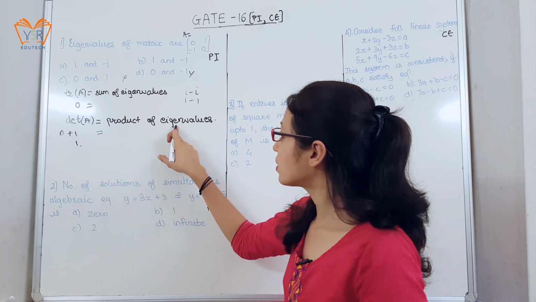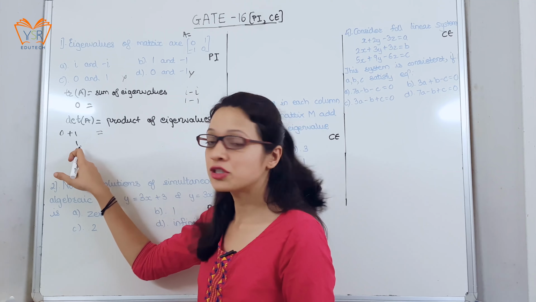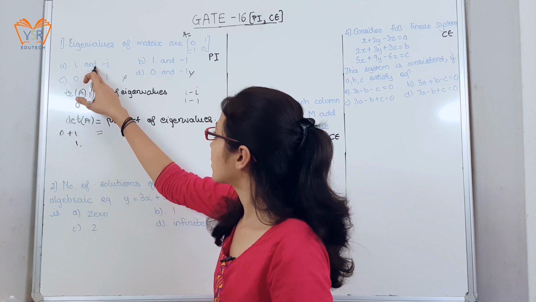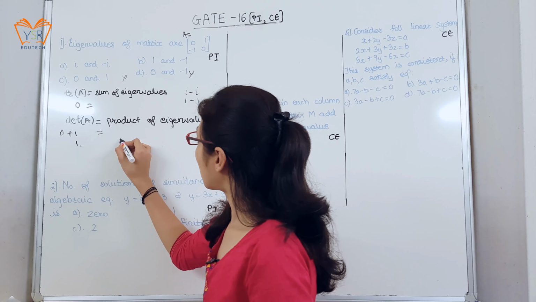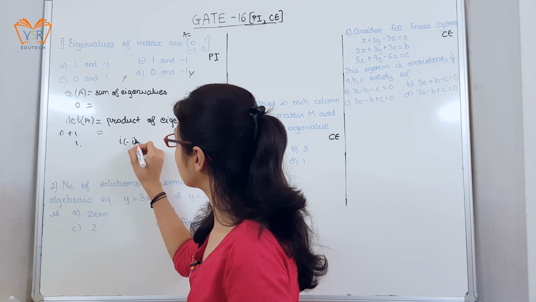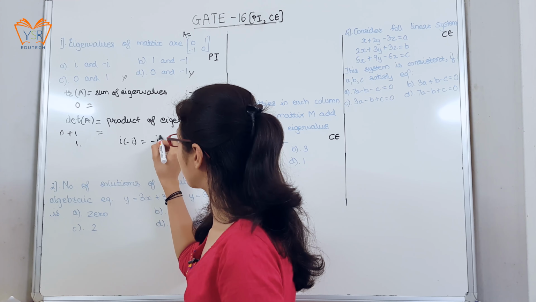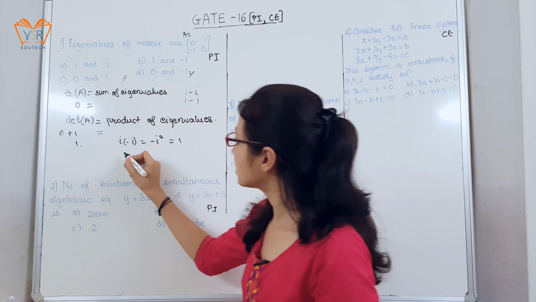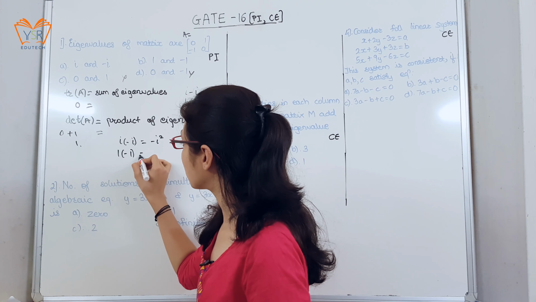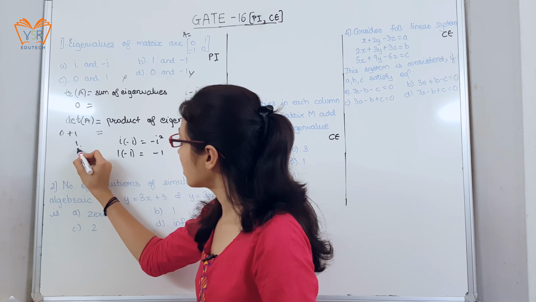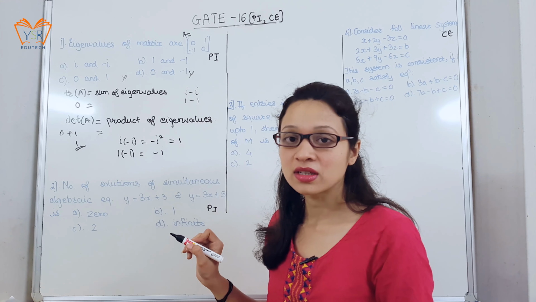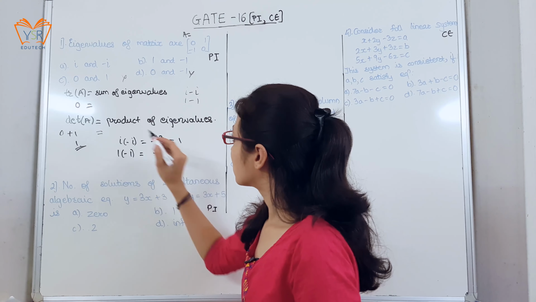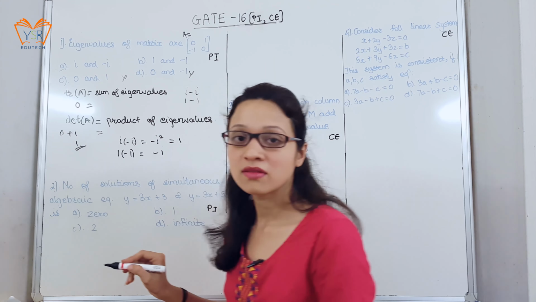Now the product of eigenvalues should be equal to 1. If we consider the first option, i into minus i, it is equal to minus i square, and minus i square is equal to 1. But if we consider the second, it is 1 into minus 1, the answer is minus 1, but it should be equal to 1. So A is the valid option.